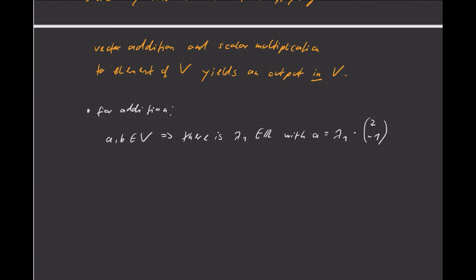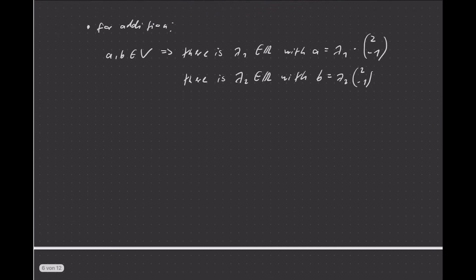And of course the same is true for B, sorry. So there is some lambda 2 in R such that B equals lambda 2 times (2, -1). So the question is, what about A plus B?